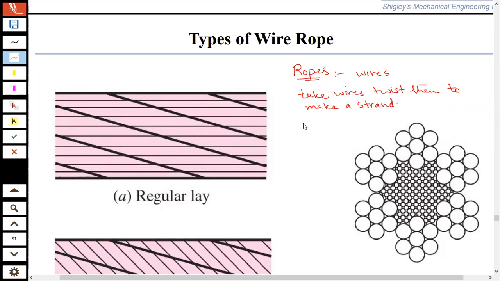And then we take multiple strands like wires, and again twist them together to make a rope.